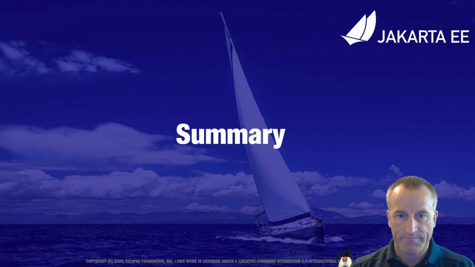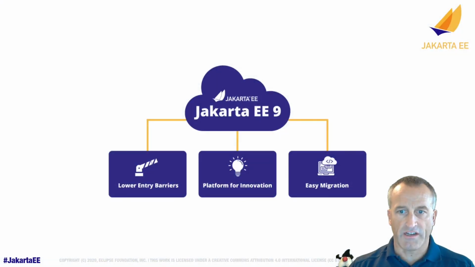So to sum up, Jakarta EE 9 is coming out. The release date is November 20th, so it's pretty soon. The key messages about Jakarta EE 9 are to lower the entry barriers, it's a platform for innovation, and it's easy migration. And the important thing is the javax namespace switch to Jakarta.